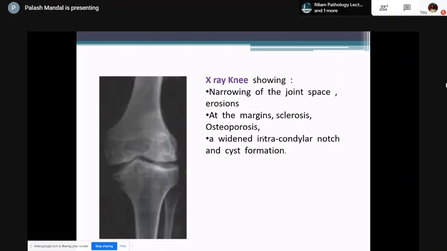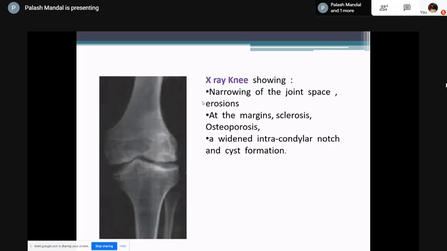X-ray shows narrowing of the joint space due to erosions after multiple bleeds. Once the bleeding has happened, the blood after some time gets resolved by the degradation of the RBCs and resorption, and the blood is taken away through the lymphatics.